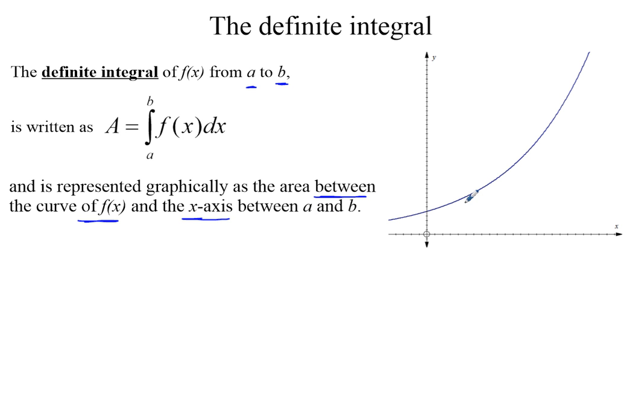So if this is the value of a, this is the lower boundary of the integral, and this is the value of b, this is the upper boundary of the integral, then the integral from a to b is this area here, the area between the curve and the x-axis between a and b. This here is the area, and this is the value of this definite integral.